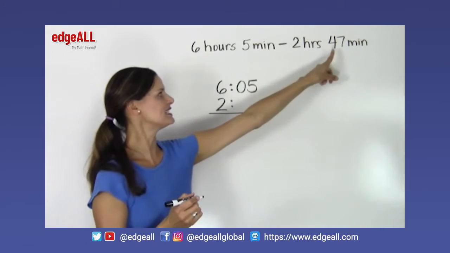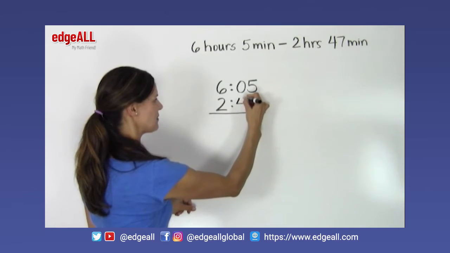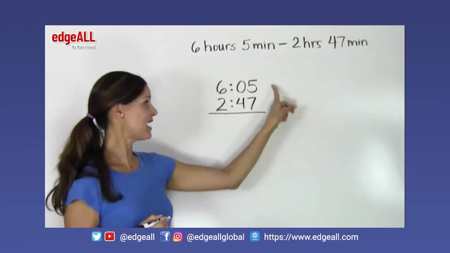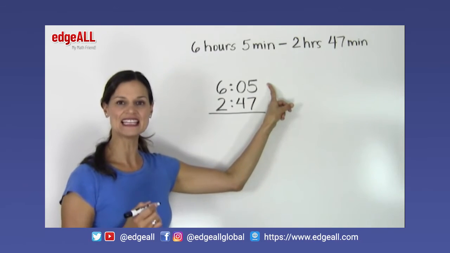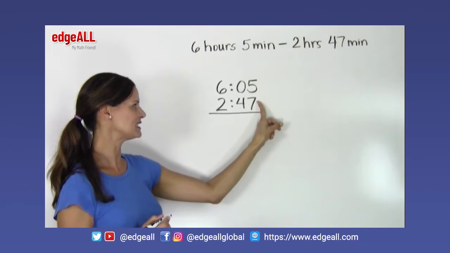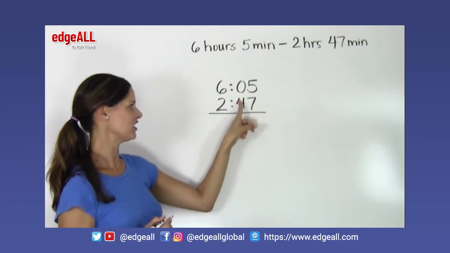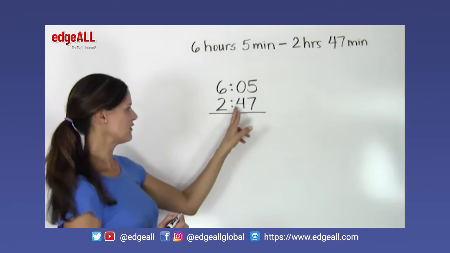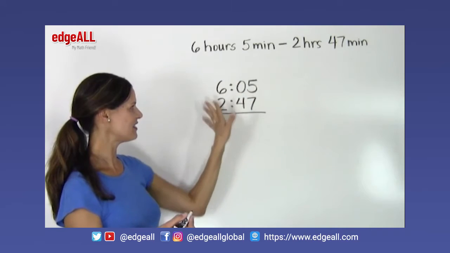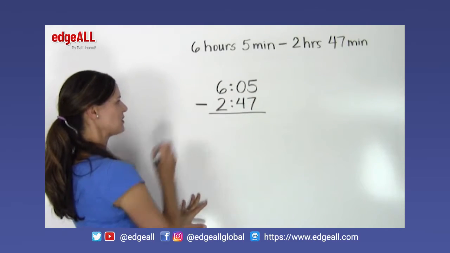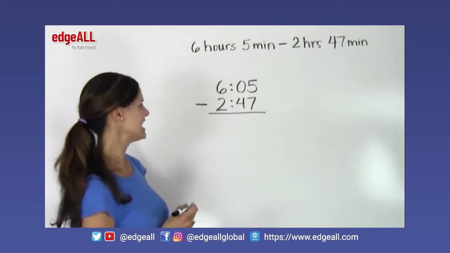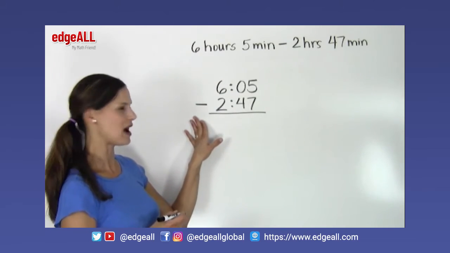And then for 47 minutes, I want to line this up correctly, making sure that I keep in mind that the 5 has to be lined up with the 7 digit of the 47, since that's in the ones place, and not over here lined up with the 4, because the 4 represents the tens place of 47 minutes. So I have it lined up all correctly and with a subtraction sign out in front to remind me that my operation is to subtract this problem.